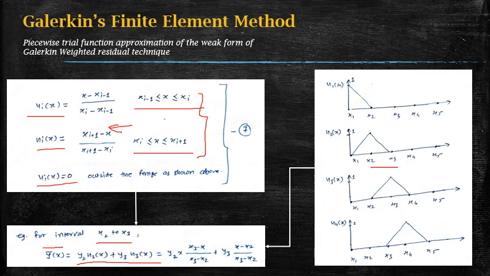One is n2 of x, which is varying like this, and another is n3 of x, which within the interval x2 to x3 is varying like this. So this n2 and n3 are coming into picture when we are considering this interval x2 to x3, and here it is shown how y bar of x is represented within the interval x2 to x3.